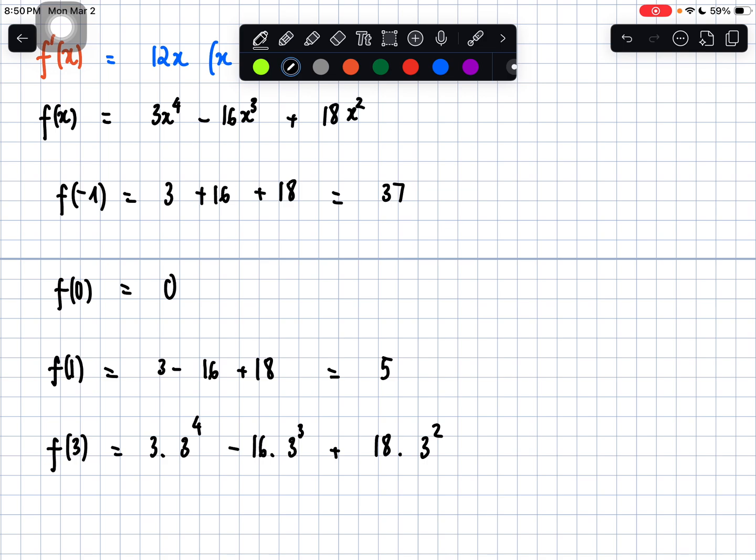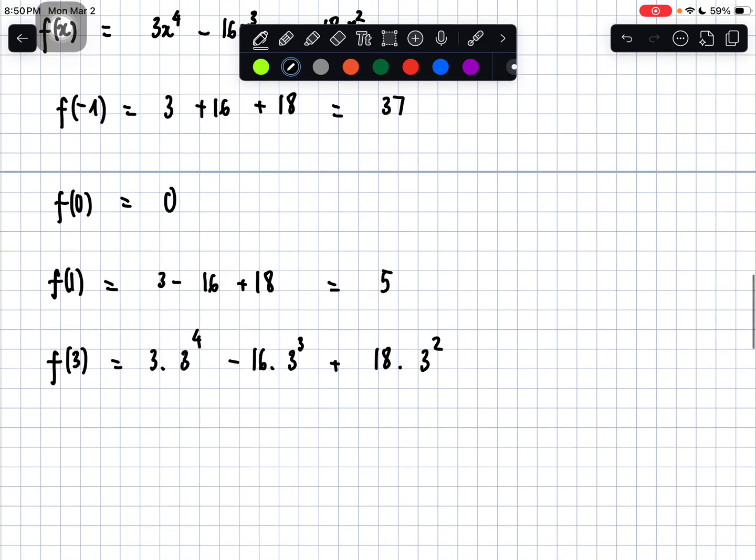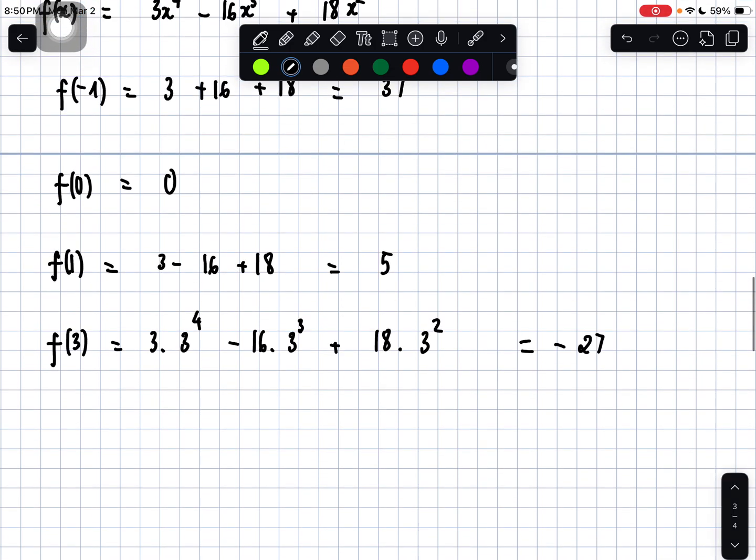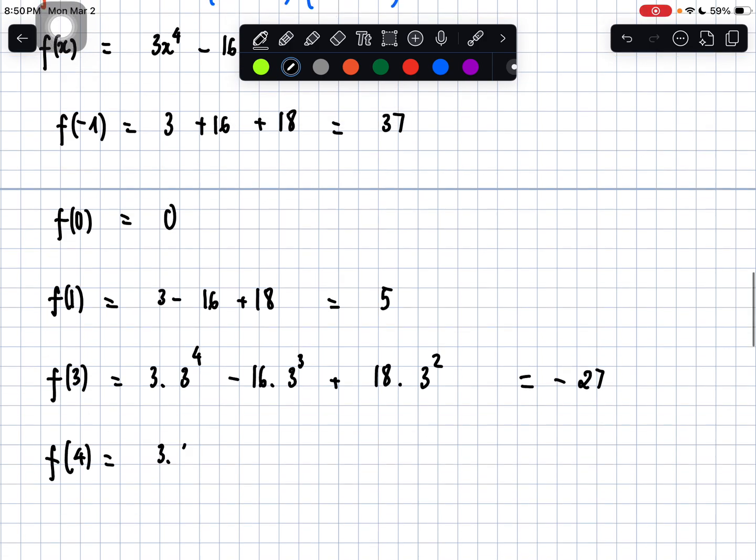You have minus 27. And the last one, f at 4: 3 times 4 to the fourth, minus 16 times 4 cubed, plus 18 times 4 squared. This one you have 32.